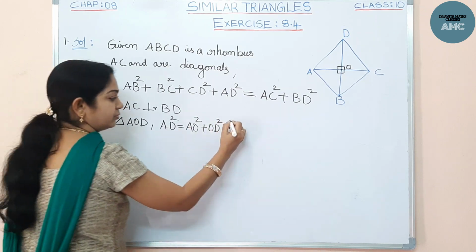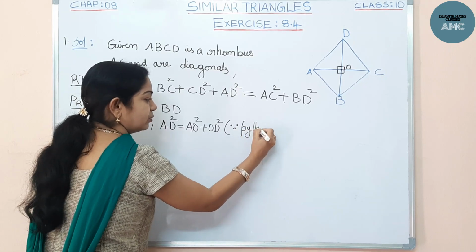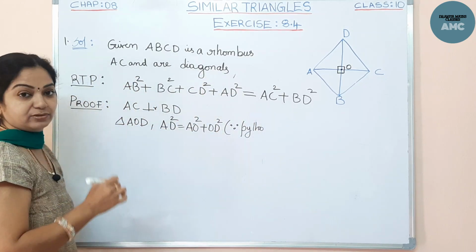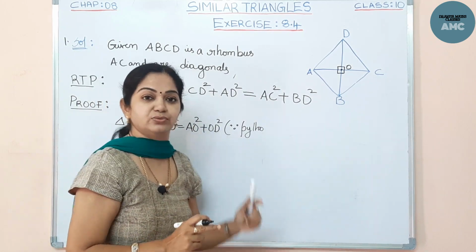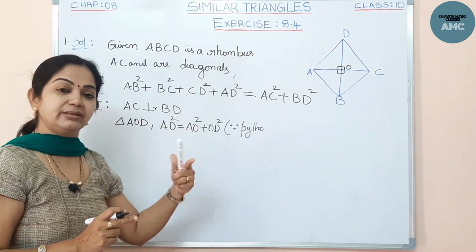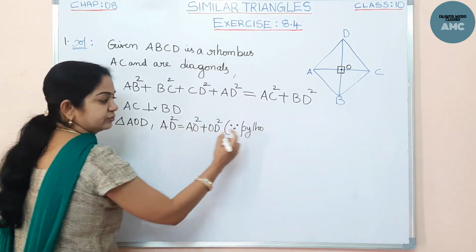How did I get this? By the Pythagoras theorem. The whole exercise is based on the Pythagoras theorem. That's why I told you to click on the I button so that you can watch the previous session where we discussed the proof of the Pythagoras theorem.